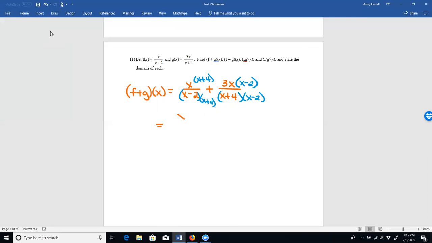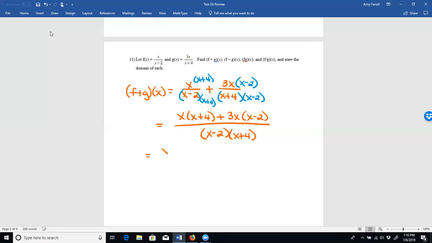So I'm going to choose to add the numerators and retain my common denominator. Then I will distribute here in a second. So I'm adding numerators, retaining my common denominator.